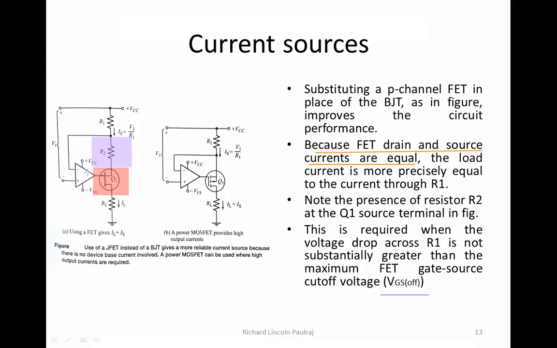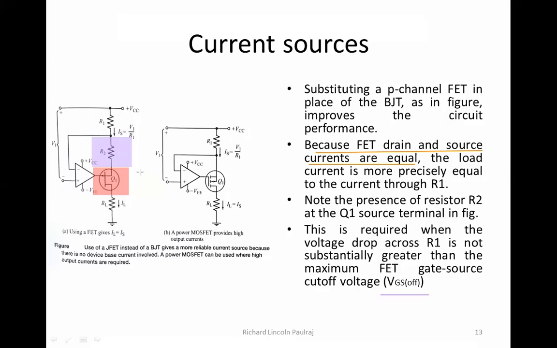The gate is connected here across the op-amp, and usually the source of the transistor is connected to the VCC, and the drain is connected to the other potential. So why am I having this R2? So that it will maintain the drop across R1 as low as possible.